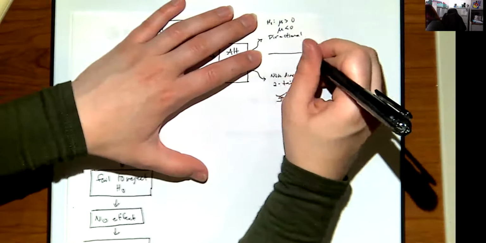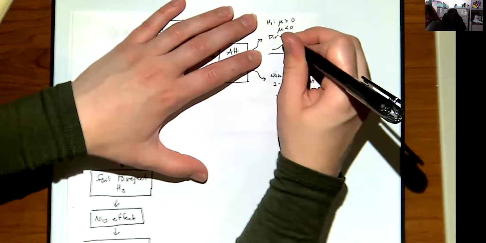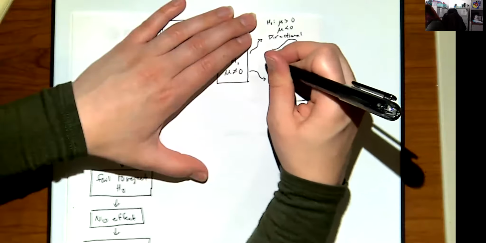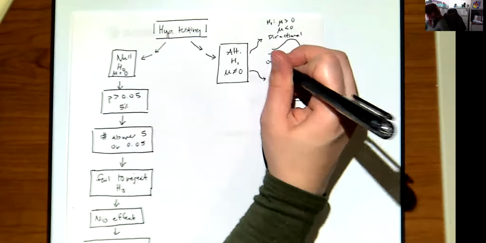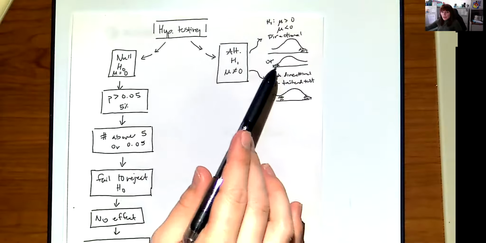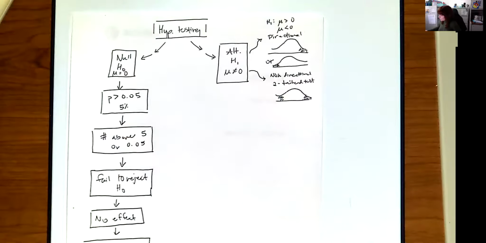And so we would expect that it's either all the way to the right or all the way to the left. Directional hypotheses can be super important, so please understand the difference between non-directional and directional hypotheses. What are we looking for? What area of the curve are you trying to find information about?